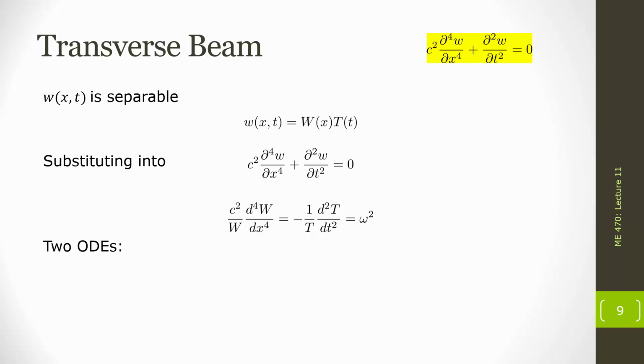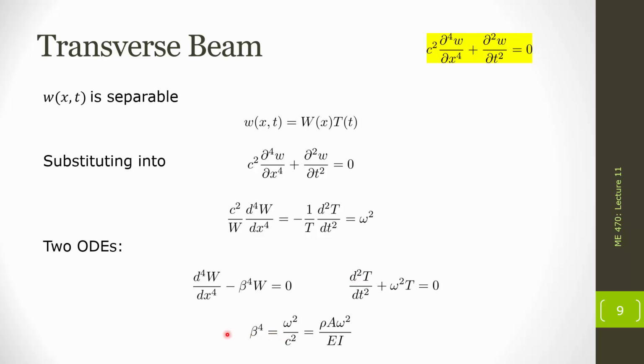So we can take this first term and make it equal to 0, where I'm pulling the omega squared to the left-hand side, and I have a beta, which we'll see in a second what that looks like. And a second ODE, where again I can pull this negative to the other side, and now I have this derivative of T, I can multiply through by T, and that's equal to 0. So I just rearranged this equation equal to omega squared and this term equal to omega squared as two ODEs.